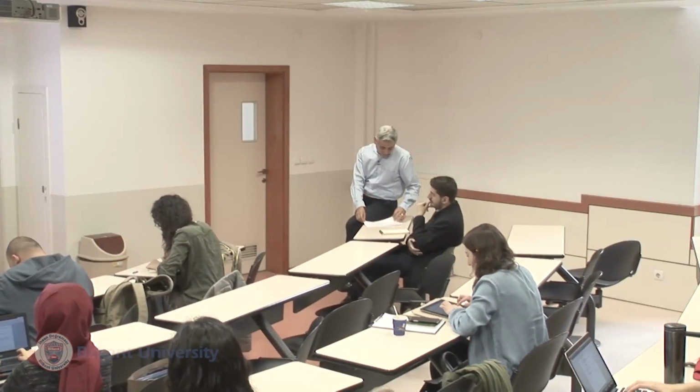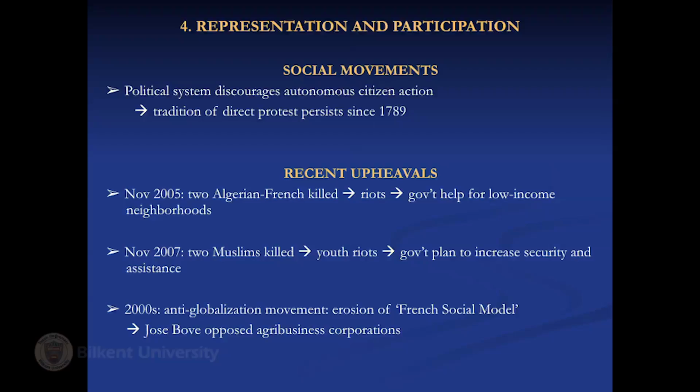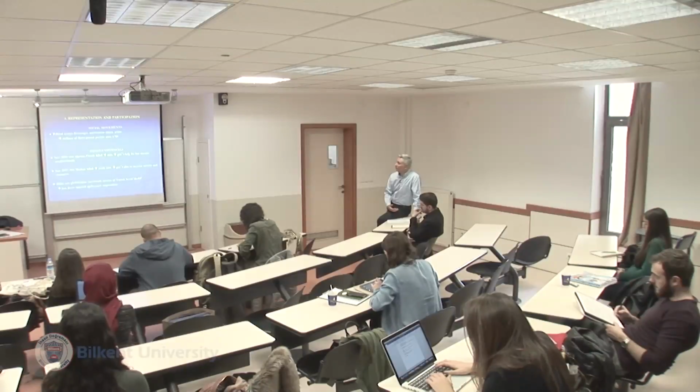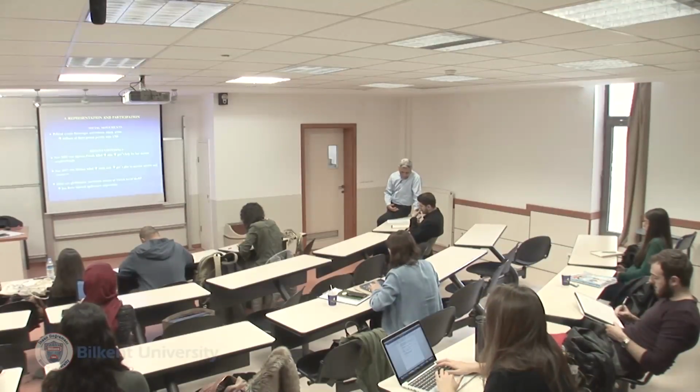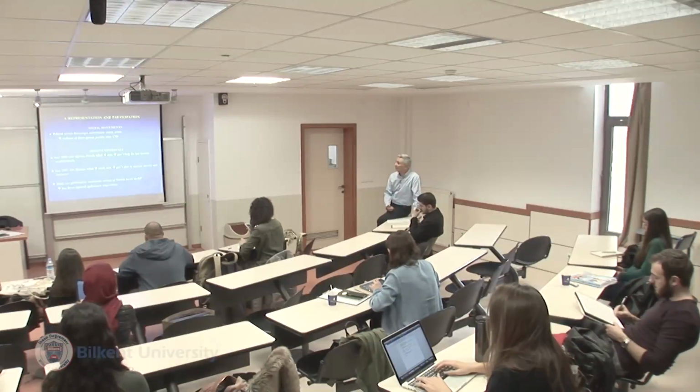Over the past 10 years or so, November 2005, 2 Algerian French young men were killed fleeing from the police. There were massive riots, and the government provided some help for low-income neighborhoods, the banlieue. November 2007, 2 Muslims were killed in a motorbike collision with police.